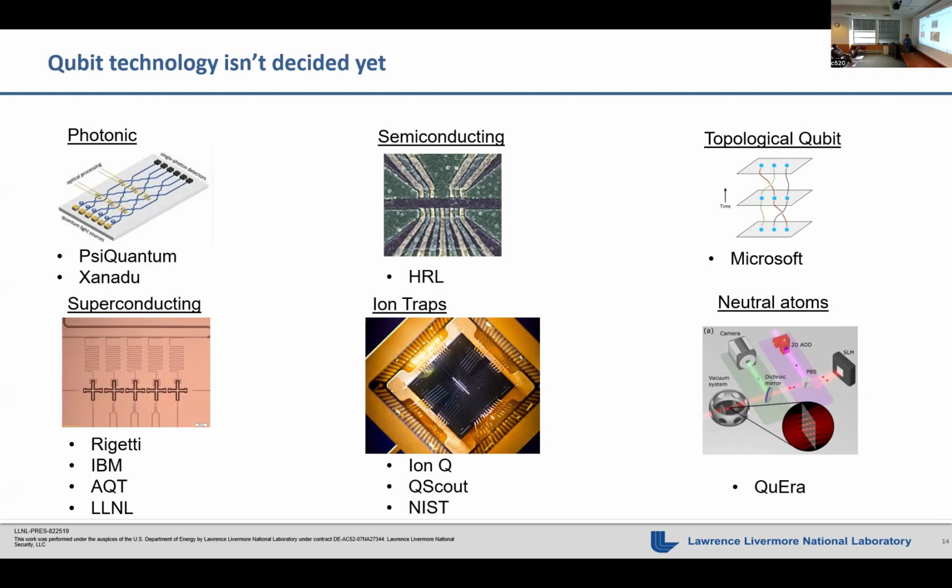Them and ion traps are probably the most mature, but there's a lot of other technologies which are slowly coming up and might actually outperform the other more conventional ones. So no one really knows which horse is going to win, but it's important to research them.